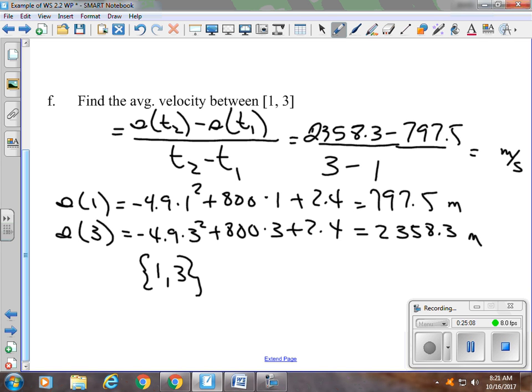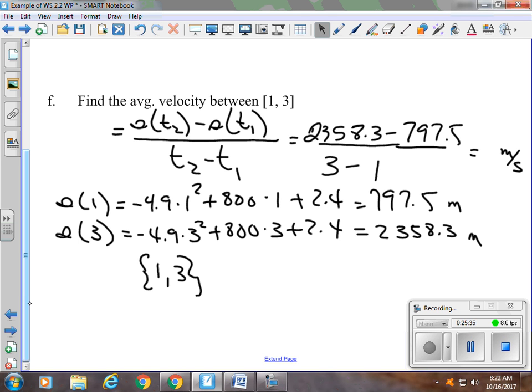So our velocity has to be in meters per second, just like it was with the initial velocity. And so we're just dividing this by 2, so you could subtract and divide by 2 all at one time if you put parentheses around the top. Or you could do the top and then do the bottom, or you can do parentheses around the top and the bottom if you don't want to take the 3 minus 1 in your head.